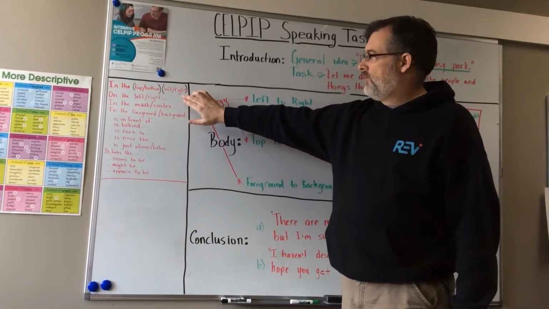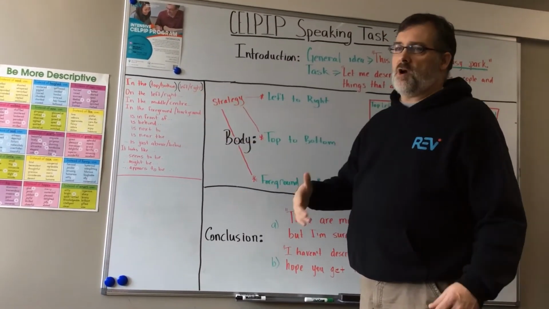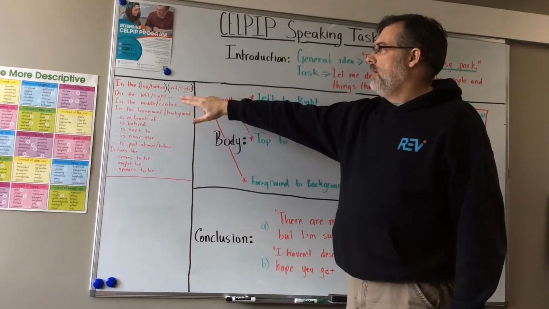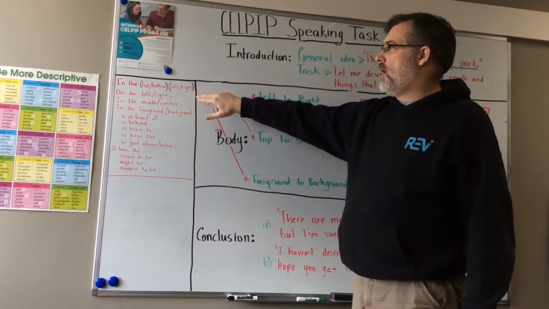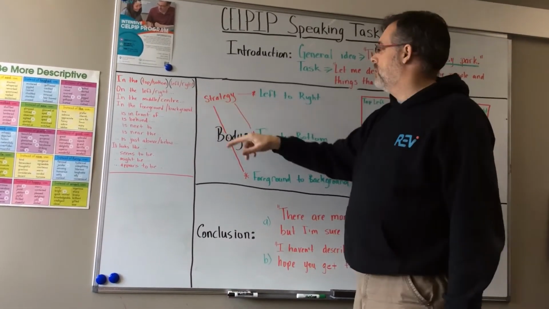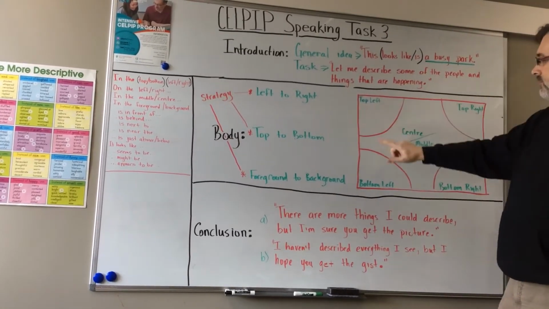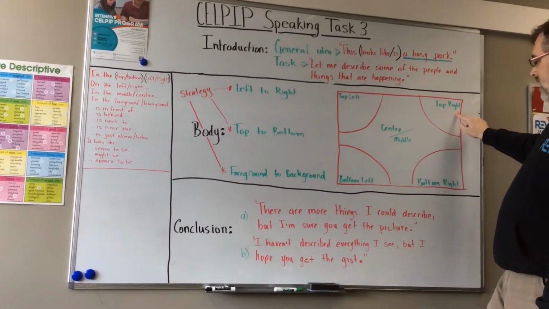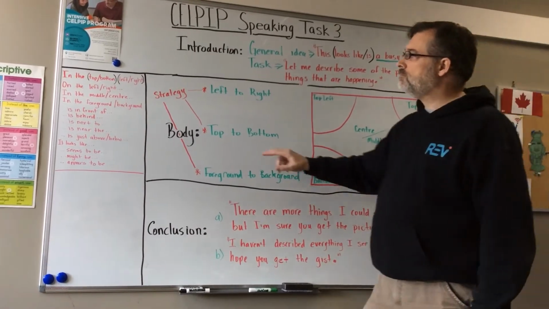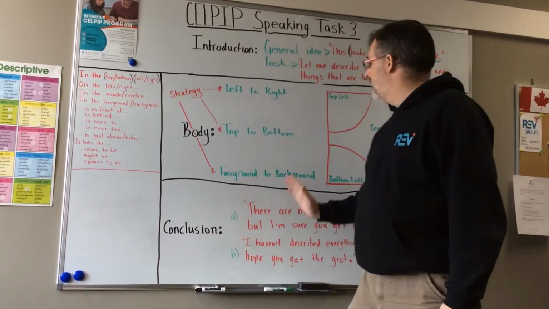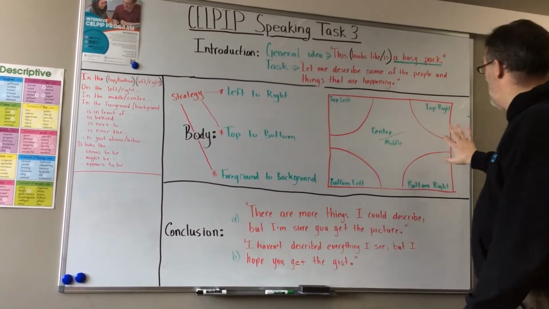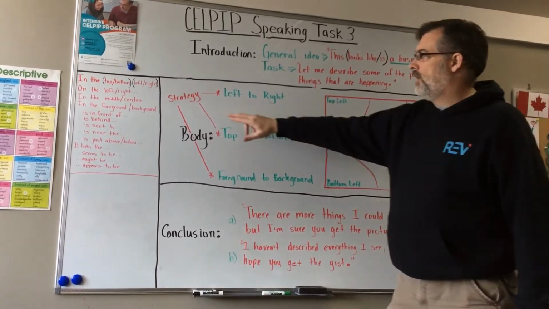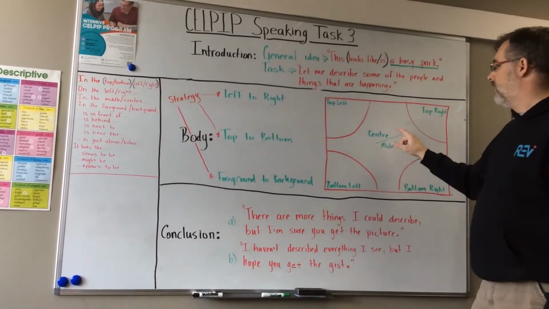But for example, when you're describing area, you can say in the top or in the bottom left or right. Okay, so the top left, top right, bottom right. You can just say on the left or on the right, and of course in the middle or center.